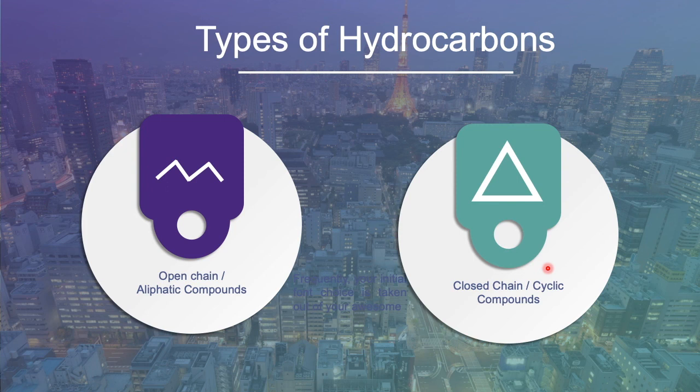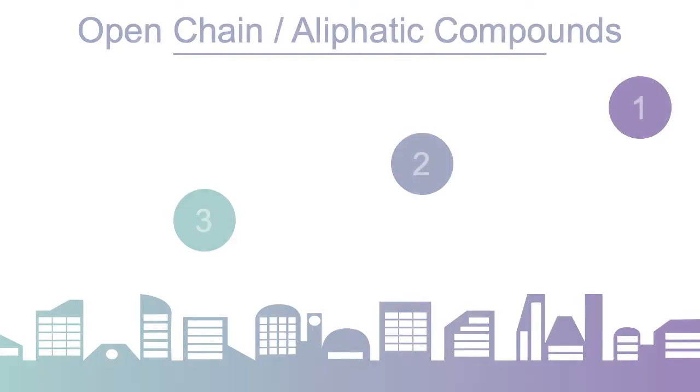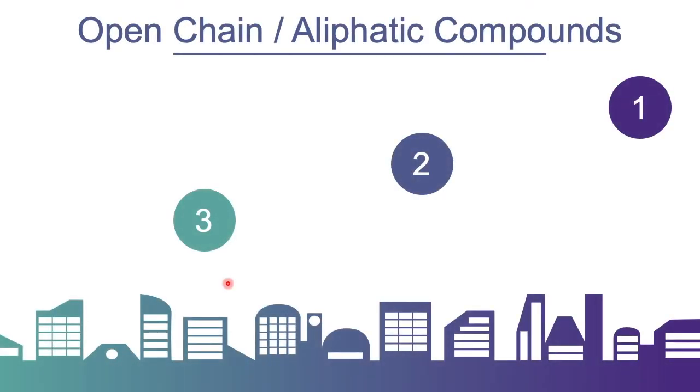So to summarize, what did we learn today? We started talking about the types of hydrocarbons, where we specifically spoke about the open chain or aliphatic compounds and closed chain or cyclic compounds. In depth, we went under open chain or aliphatic compounds and we studied the 2 classifications under them, which were saturated compounds and unsaturated compounds.